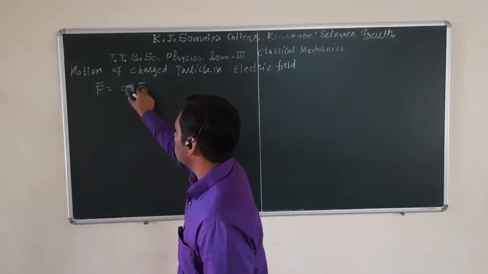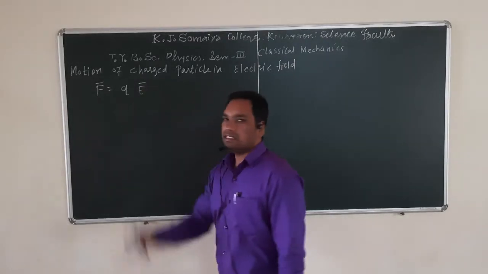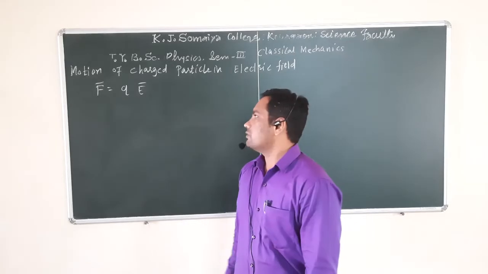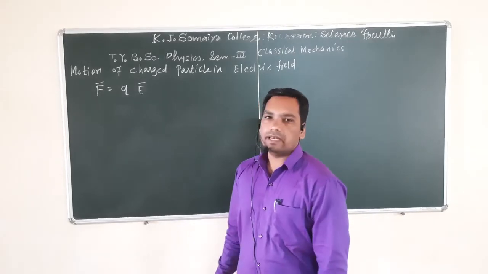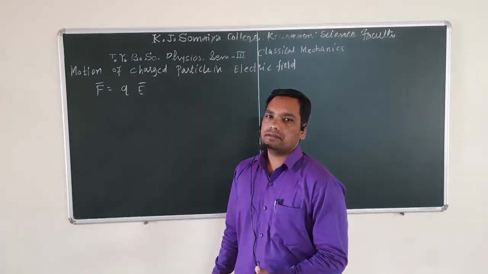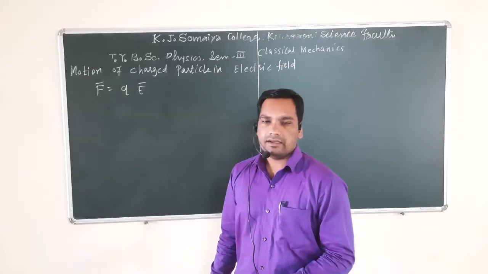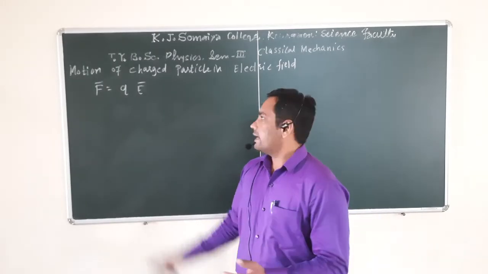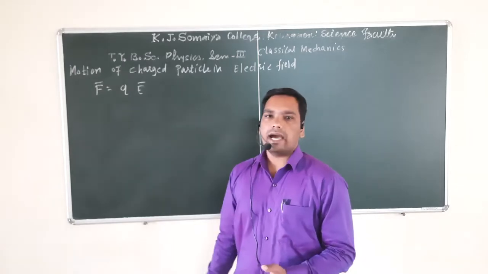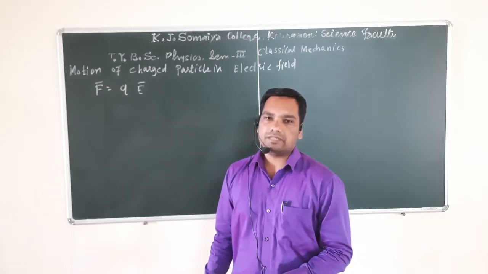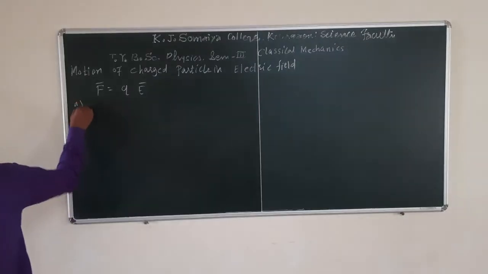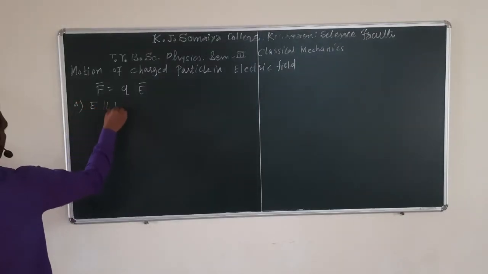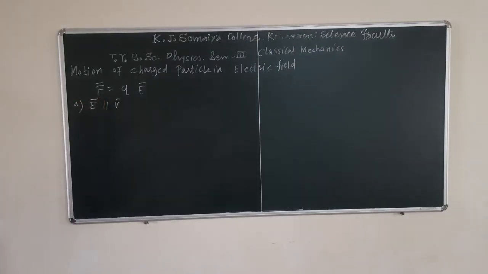So force on charged particle is given by vector F equal to q into E. In case of electric field, there are two cases. First case is when electric field is parallel to direction of velocity.